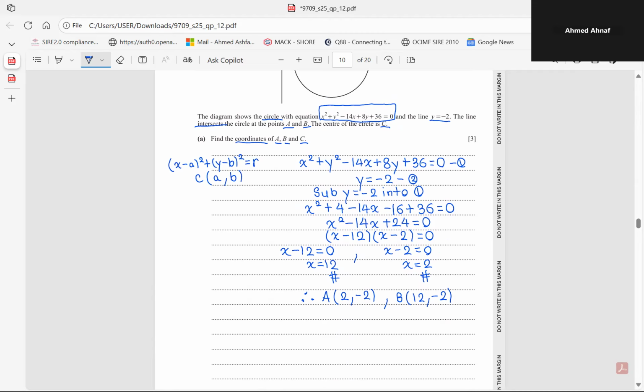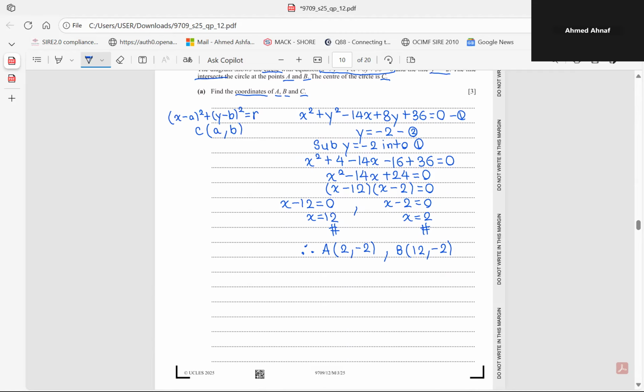So let's transform it into this form. So first, let's write down our equation. x squared minus 14x plus y squared plus 8y plus 36 equals 0.